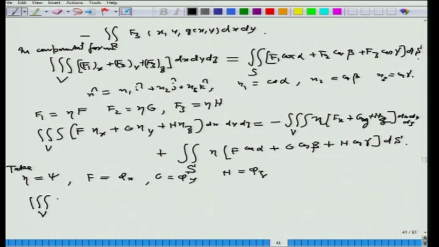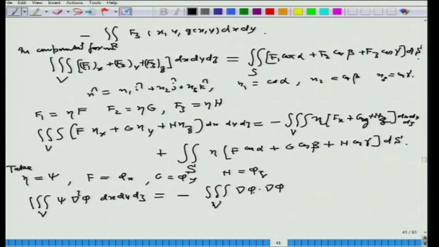higher order integration by parts. So, psi del square phi dx dy dz, minus, here this is gradient of phi dot gradient of psi.